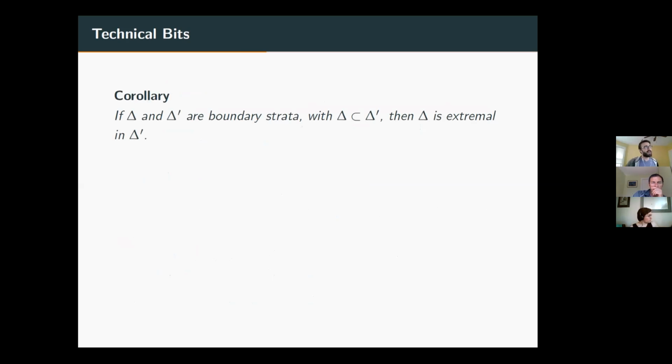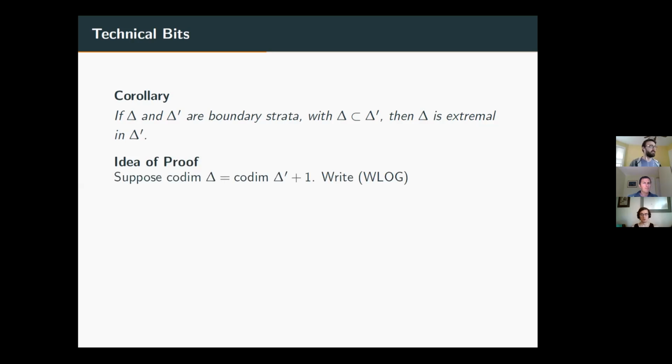So if delta is some boundary stratum, and I don't necessarily mean a divisor, I just mean any stratum, and delta prime is another boundary stratum such that delta is contained in delta prime, so maybe delta prime you get by smoothing one of the nodes, then the higher codimension one is extremal in the lower codimension one.